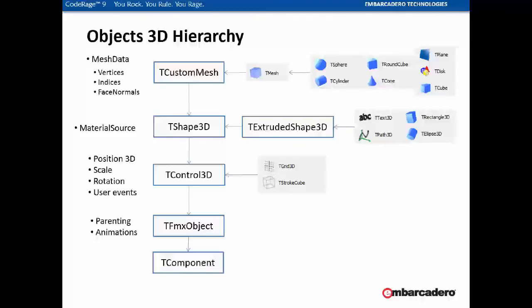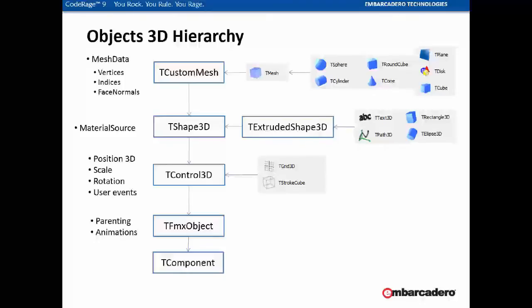On the next level we have the TCustomMesh component. This class introduces support for vertices, for indices, for face normals. In 3D programming it's a typical situation where you have a vertex buffer and an indices buffer where you have the geometry of your object. There are specialized classes that have these vertex buffers.